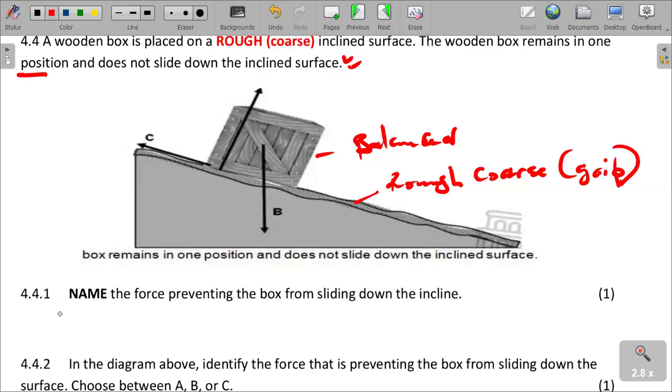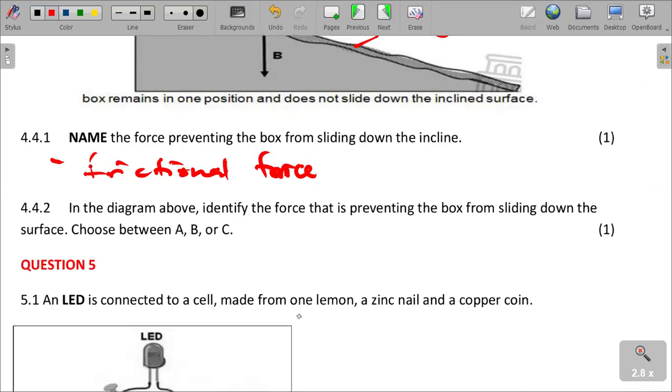So the force that must be holding this box is a force opposing it from moving. It wants to slide, but there's a force going in the opposite direction. This type of force is named frictional force. Frictional force is causing the box not to move.